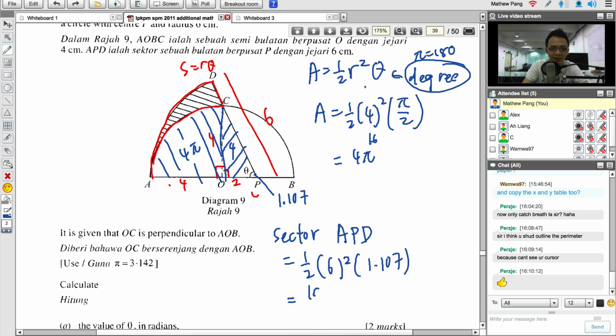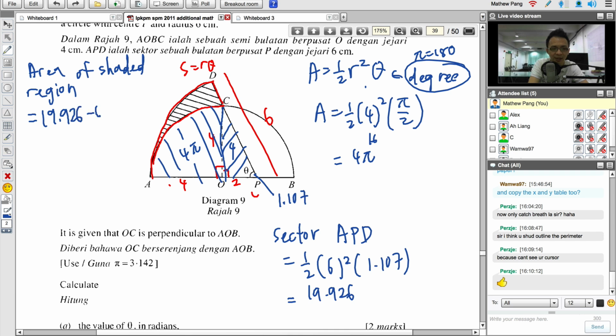19.926. So, therefore, area of shaded region will equal, use the bigger sector, which is 19.926 minus 4 pi, minus 4.